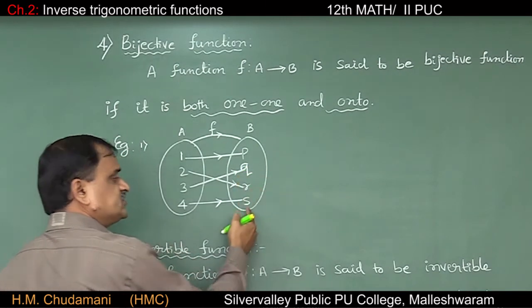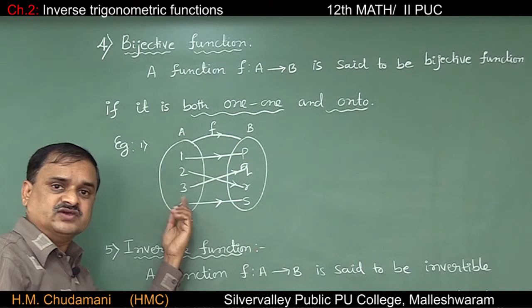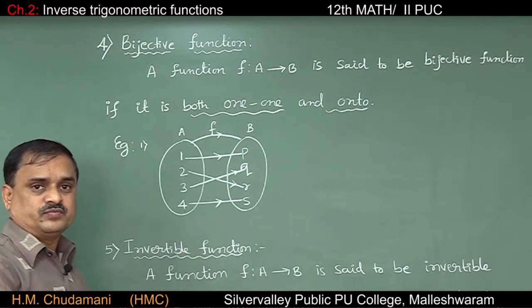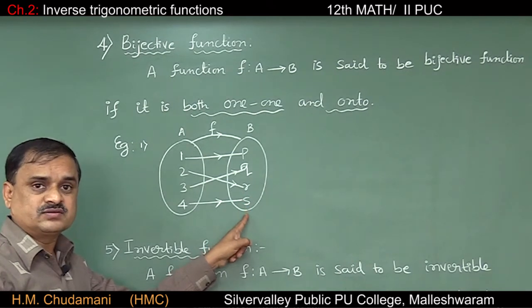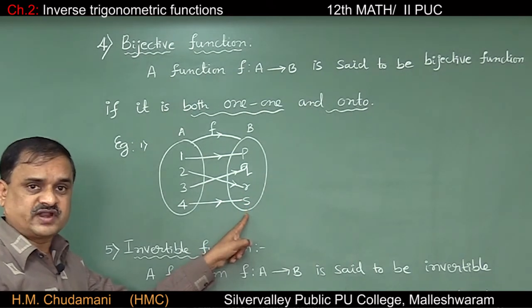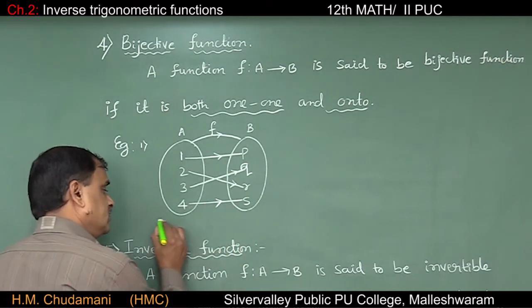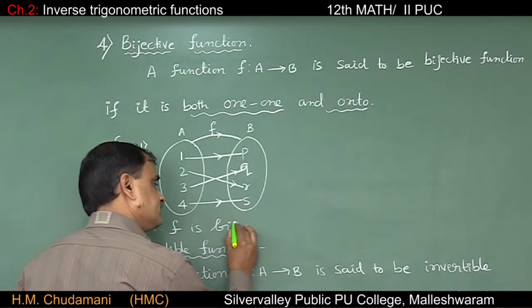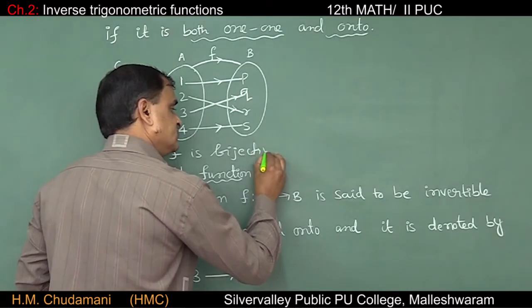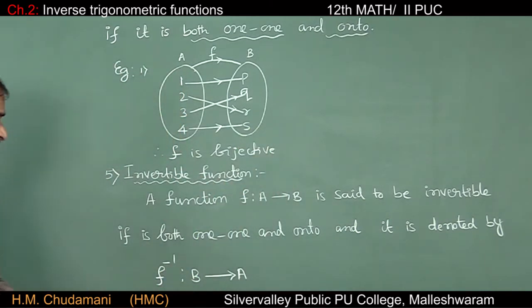Every element of the set B has at least one pre-image. That's why it is onto. No element should be left out in set B if it is to be onto. So since it is both one-one and onto, f is bijective. It is a bijection.